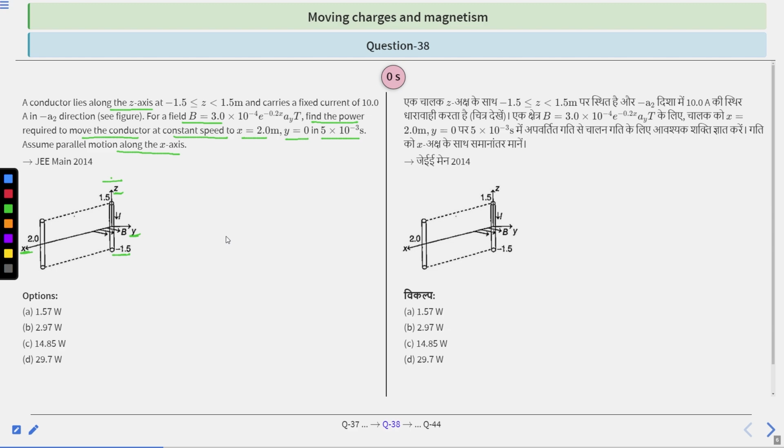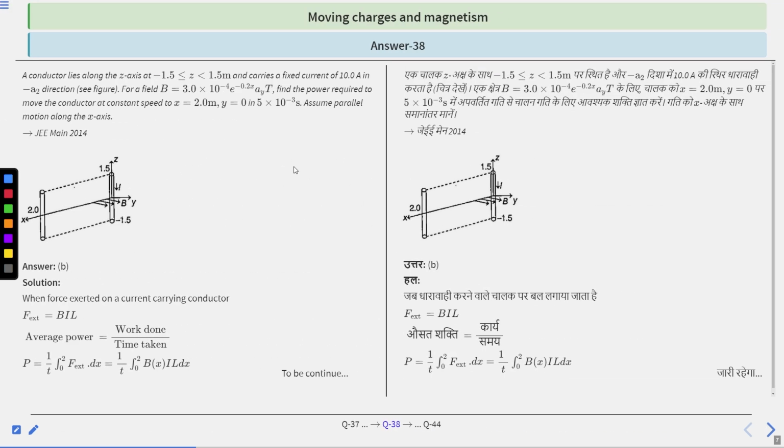Let's find the solution. This is the z-axis and the range is minus 1.5 to 1.5. Clear? And the current is 10 ampere in this direction. The force exerted on this current carrying conductor, F external, is equal to BIL.